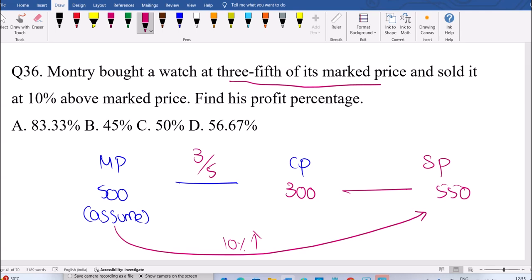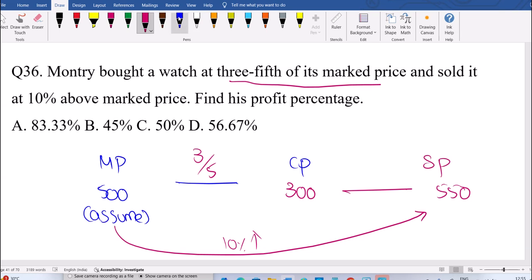Now you tell me, what is the profit? You paid 300 and you are getting 550. How much profit? 250 divided by 300. You sell it for 550, you purchase it for 300. Simple.